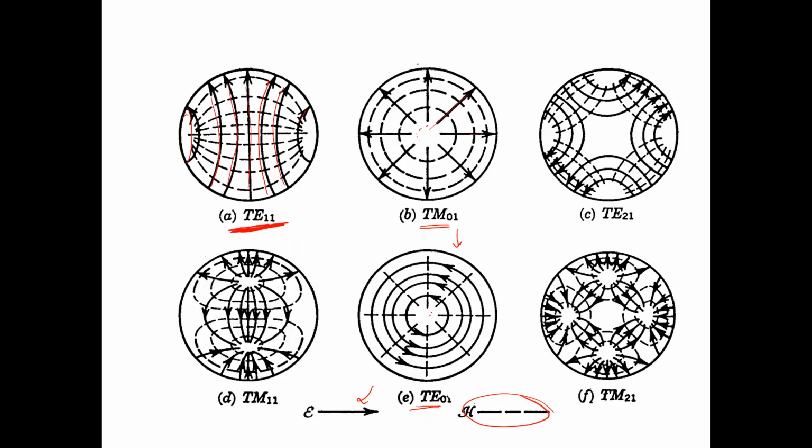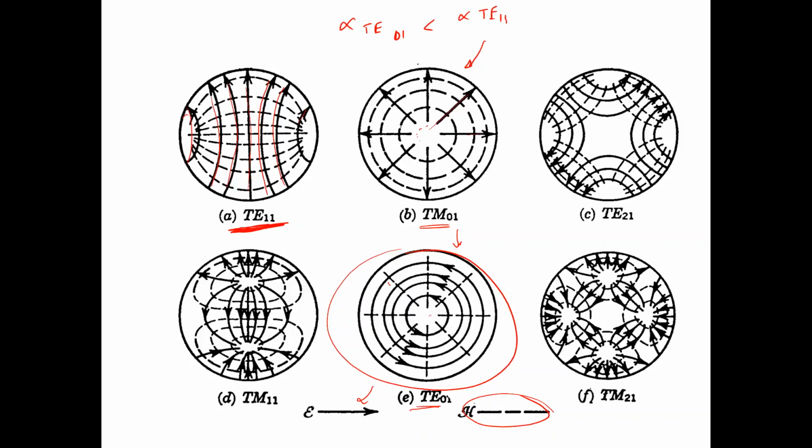So far, we looked at this specific mode and we looked at the Q for that specific mode. Now I wanted to look at this specific mode over here too. And you should be able to see that because in this particular mode, the energy is traveling mainly in the center, the loss of this mode should be lower than the loss of TE11. So alpha TE01 is less than alpha TE11.